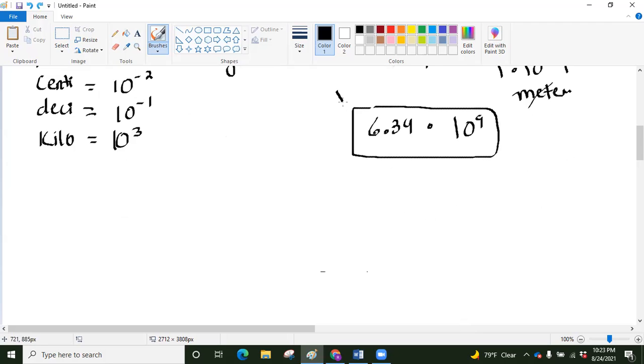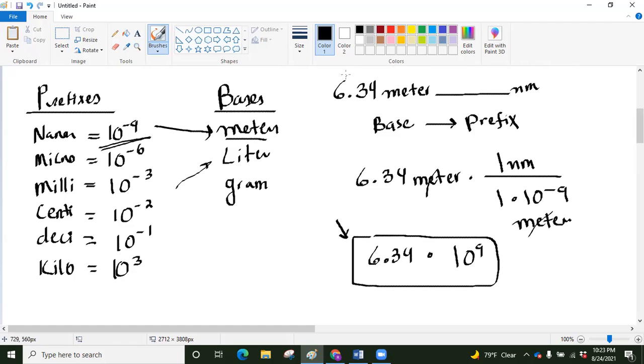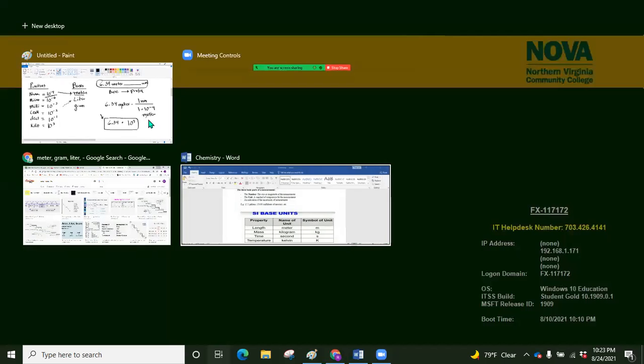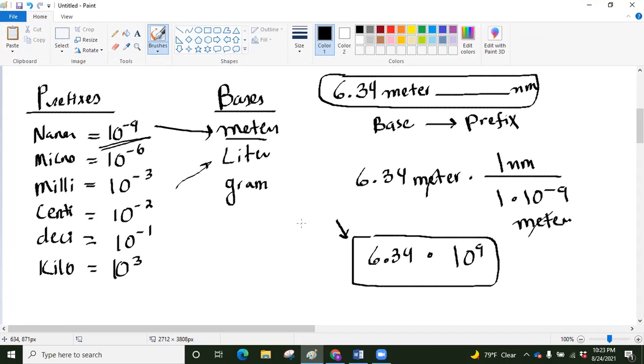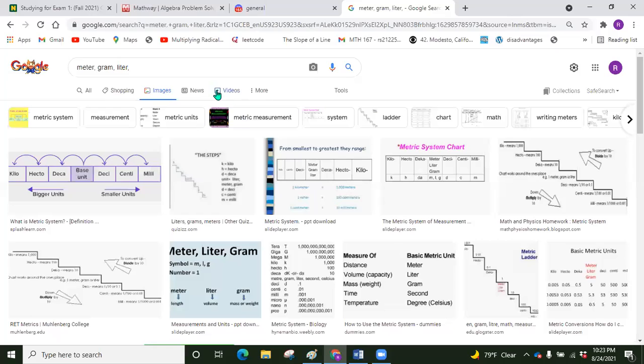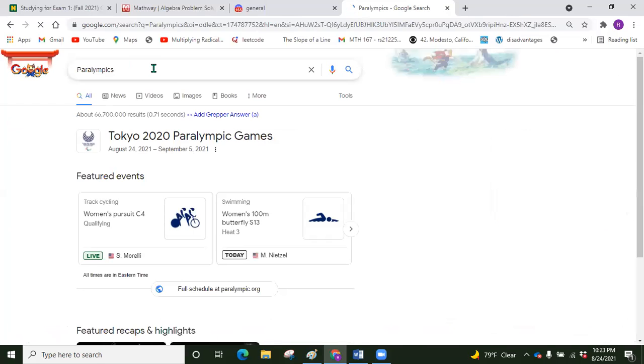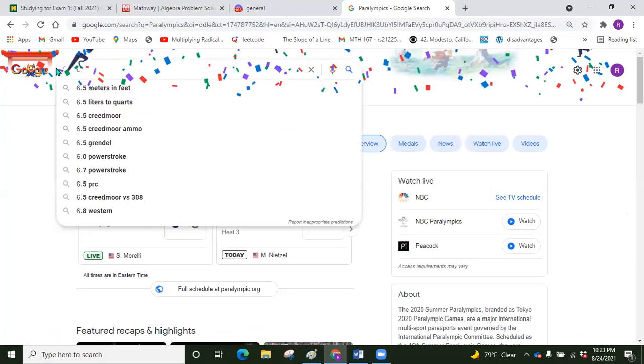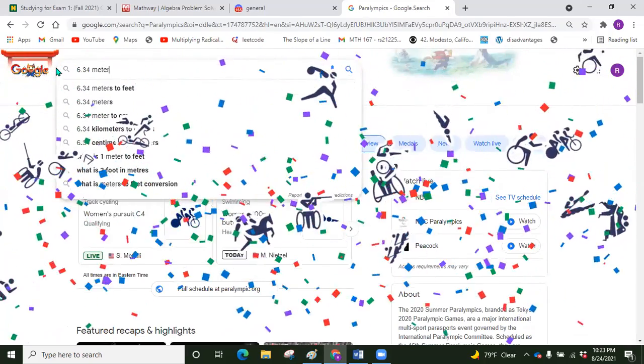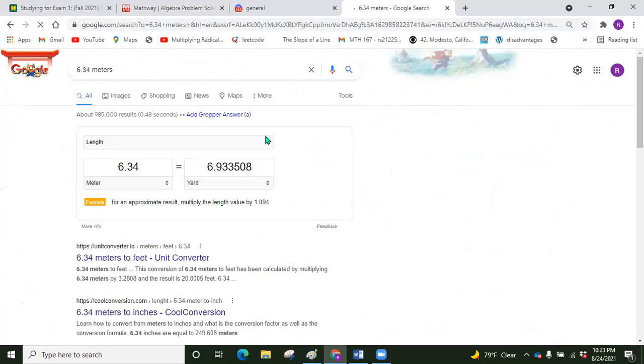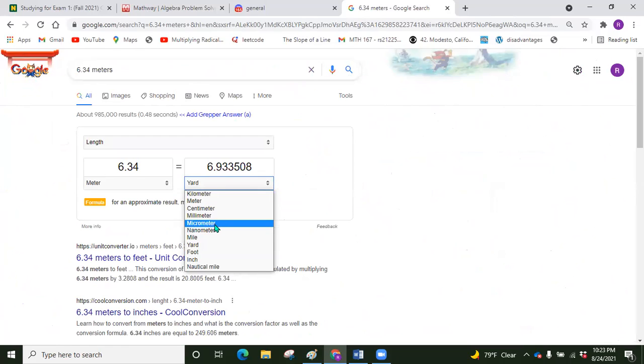We can leave it like this, or we could switch it back to standard form, and we'll do both. But let's verify this. Let's really see if 6.34 meters is that many nanometers. We can always verify that online. So we go to the internet here, and I believe we had 6.34 meters, and we wanted nanometers.